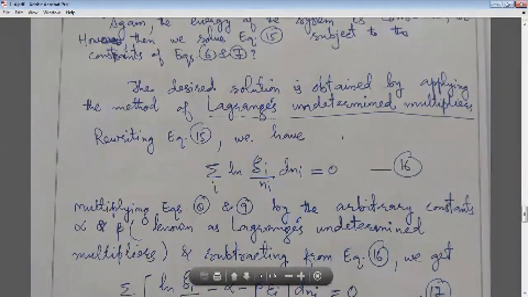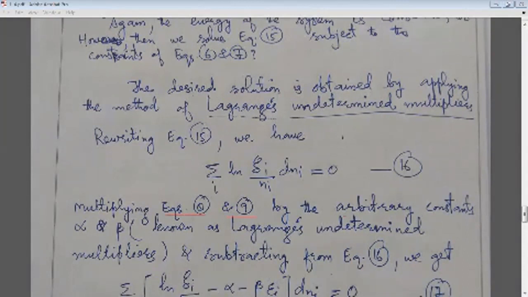Now what we do here, we multiply equations 8 and 9 by arbitrary constants, suppose alpha and beta. Those are known as Lagrange's undetermined multipliers, and we subtract them from equation 16.